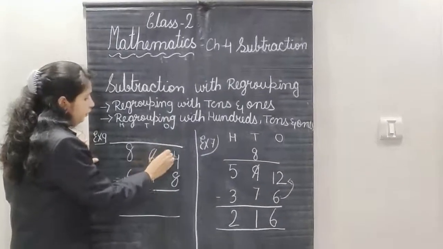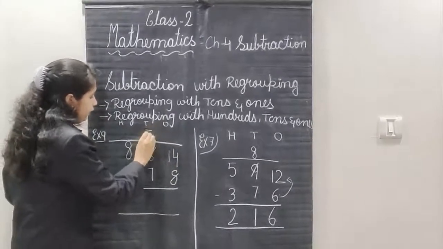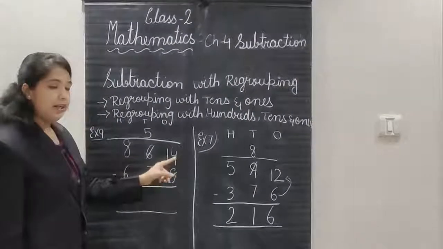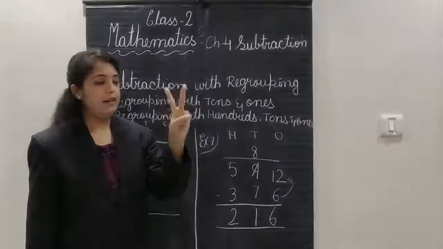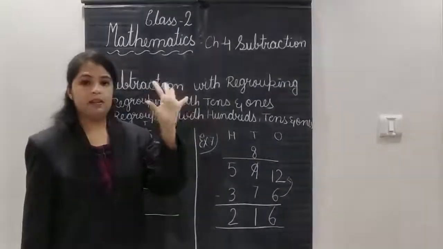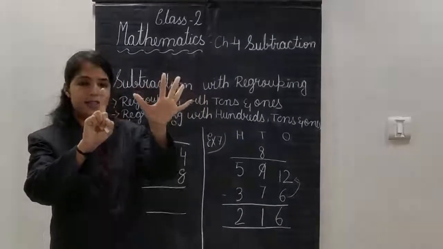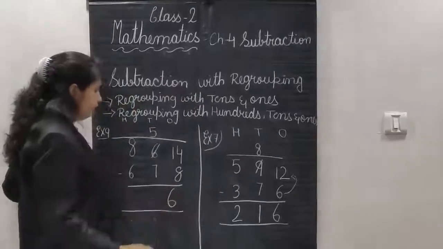So cut 1, put 1, minus 1, which is 5. Okay? Now after 8 till 14. After 8, 9, 10, 11, 12, 13 and 14. Right? So again 6 on my fingers. So I will write 6.